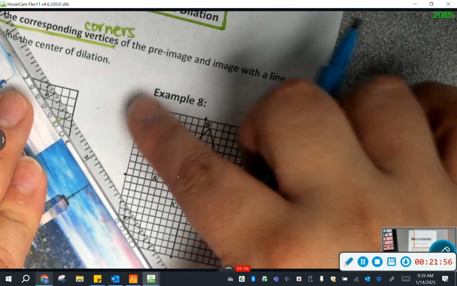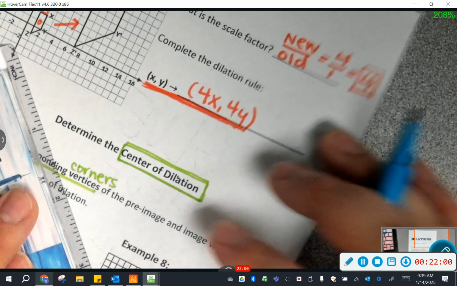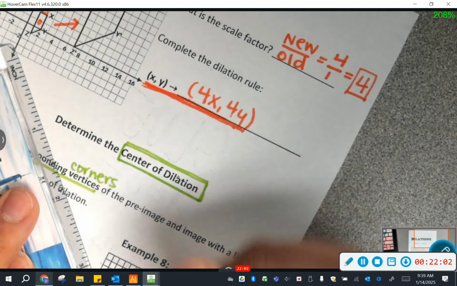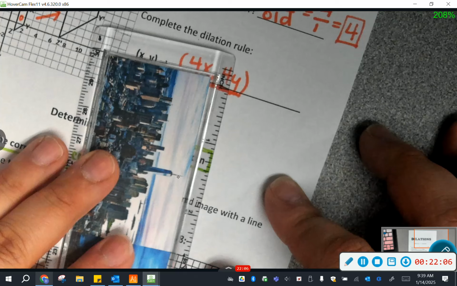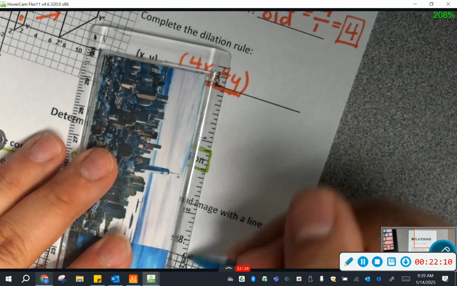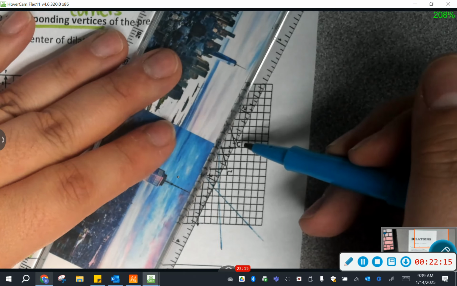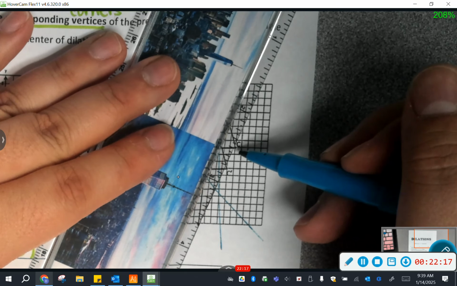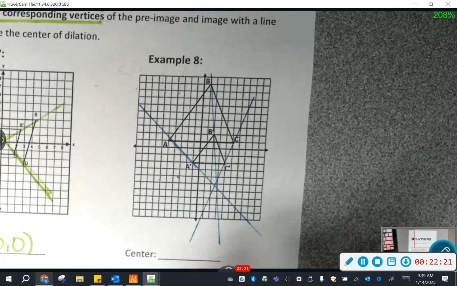Go all the way through your graph. A to A. B to B. C to C.